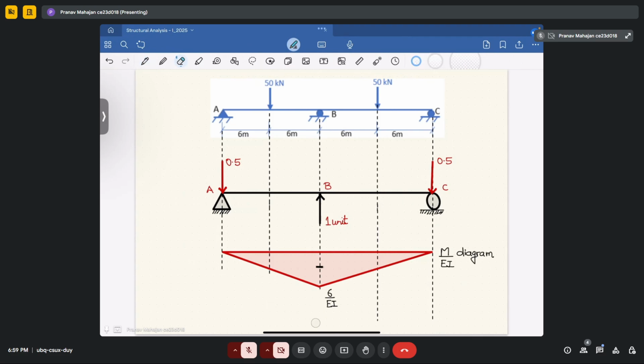Now, in order to determine the vertical displacement at B, how will we do it using the unit load method, or you can say moment area method?